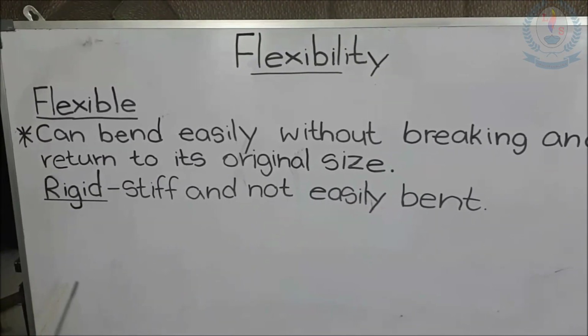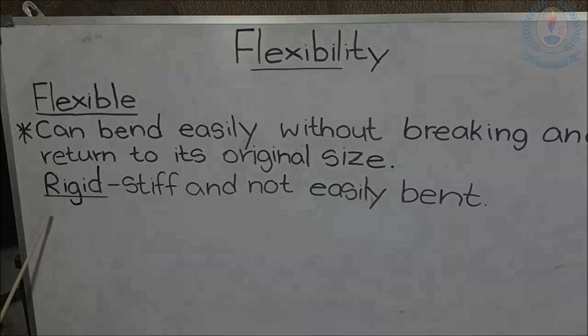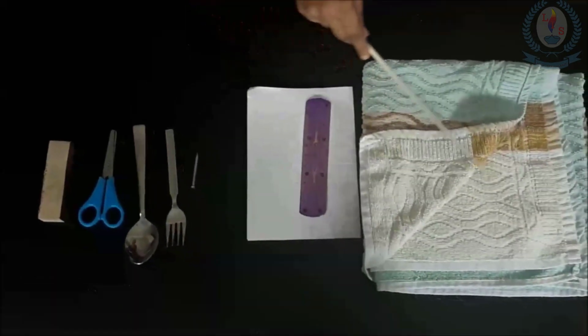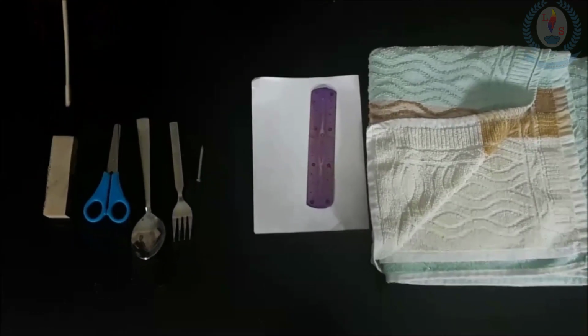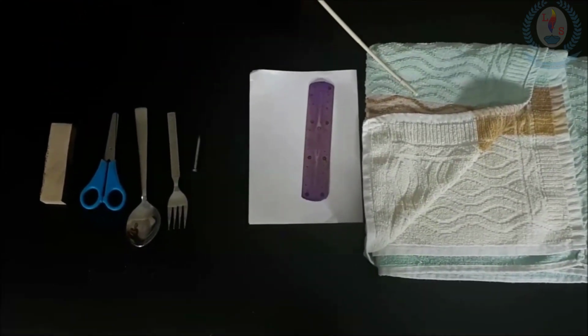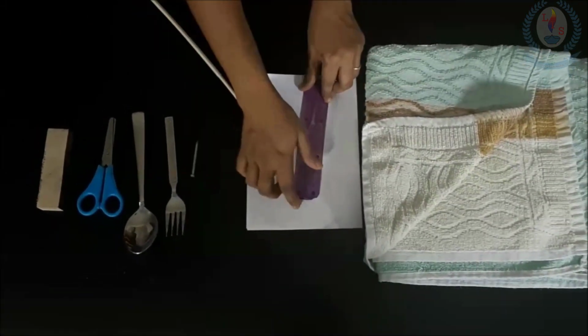Now I will show you some objects which are flexible and rigid. Materials that are flexible and the materials that are not flexible. Towel made of cotton, ruler made of plastic.